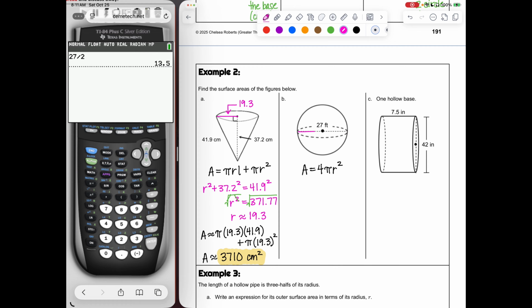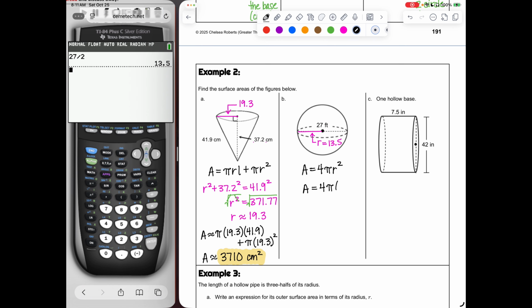And here I will see that my radius is equal to 13.5.